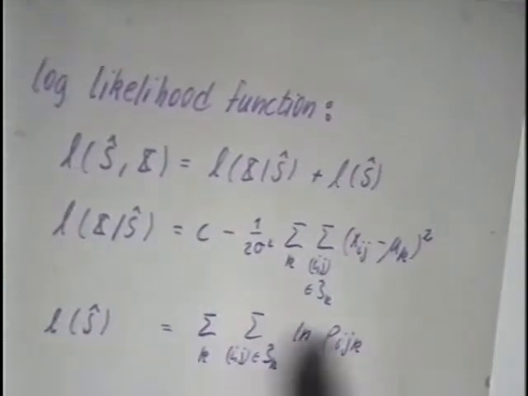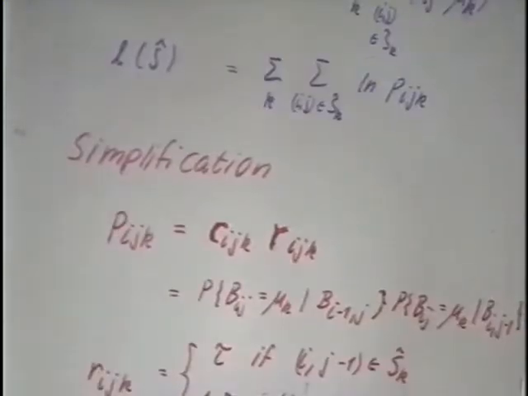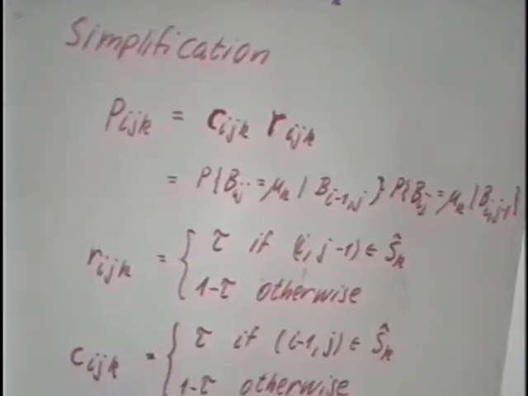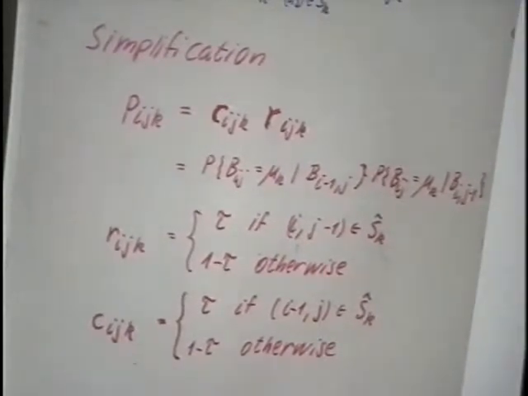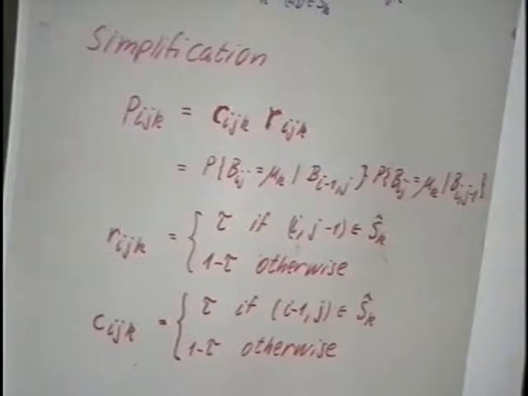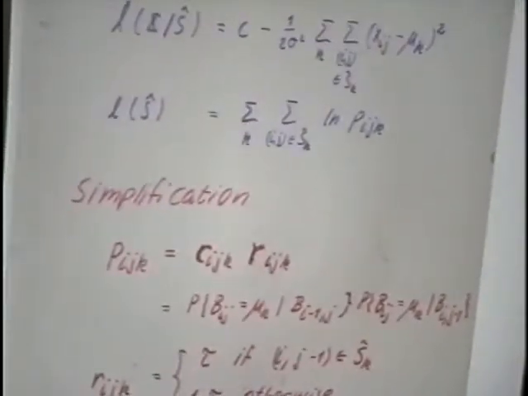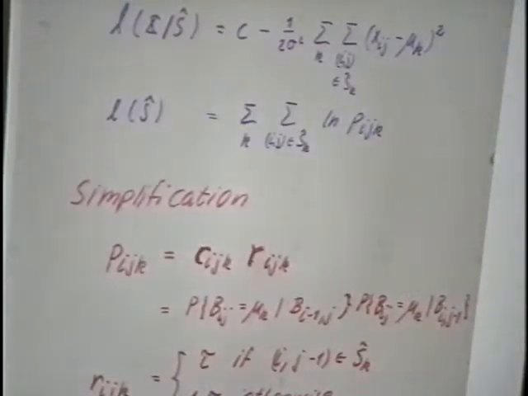The log likelihood function will look like this. And if you introduce these simplifications, which just restrict the dependence to being north-south or east-west, and not both, then it is possible by means of dynamic programming simply to maximize the likelihood function. And I'll later show an example of how that is done.